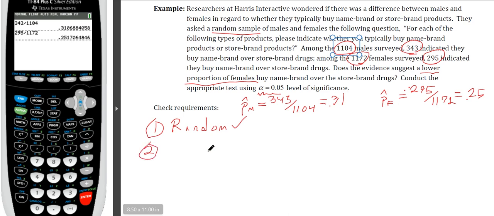All right. Then for our second condition, for males, we have our sample size, 1104, times the sample proportion of 0.31, times 1 minus 0.31. We're going to find that. And we're also going to do the same thing for females, where they have 1172 times 0.25 times 1 minus 0.25.